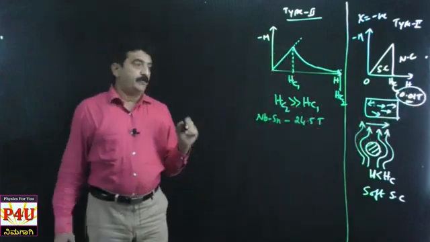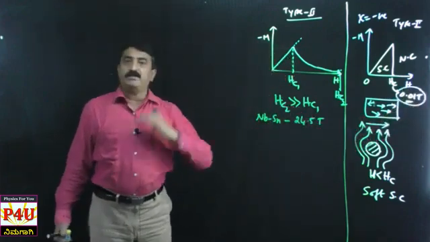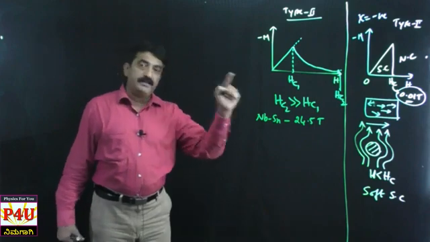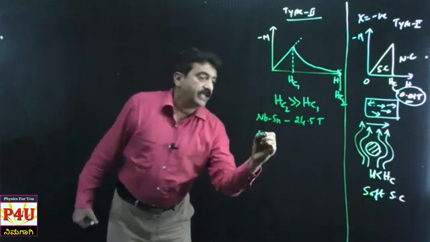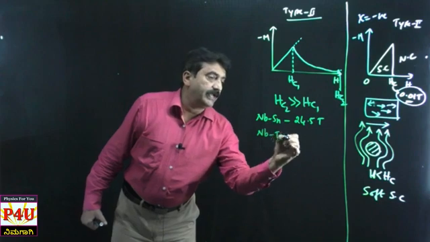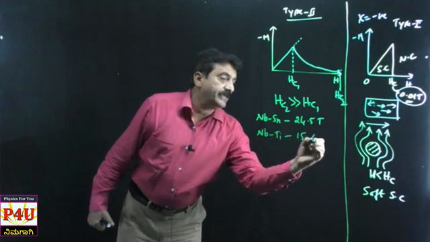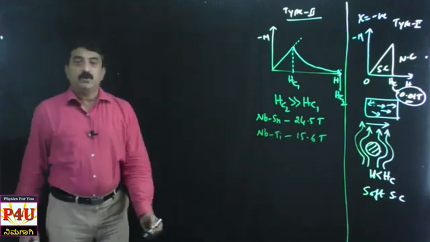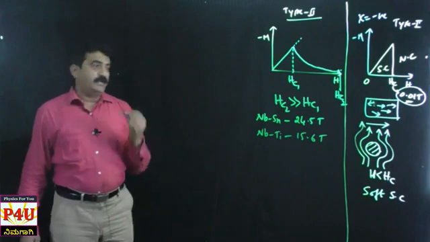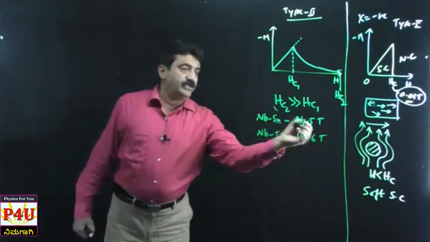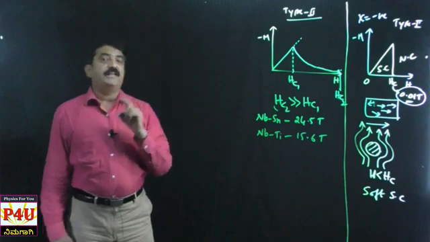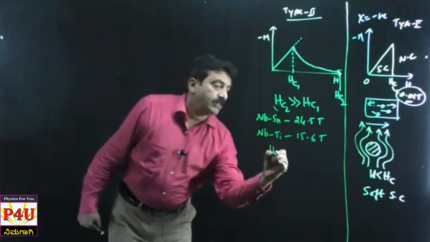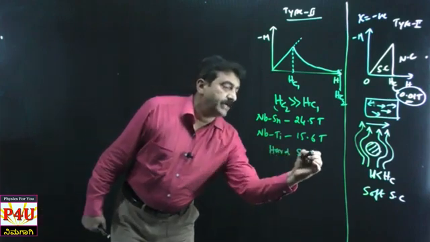So compared to 0.01, this is more than 2000 times more. Similarly, in case of niobium and titanium, it is around 15.6 Tesla. So in case of type 2 superconductors, the Hc2 value is very high. Because the Hc2 value is very high, we call them hard superconductors.